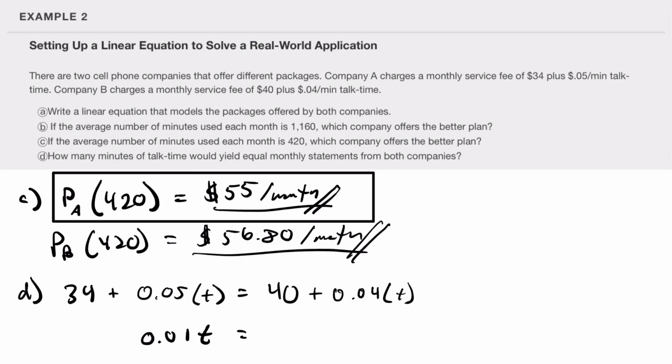And if I subtract 34 on both sides, it looks like we get 6. So if I divide both sides by 0.01, that's the same as what? Multiplying by 100. So then if we multiply both sides by 100, we get that these two companies' packages equal each other when the client talks 600 minutes per month.